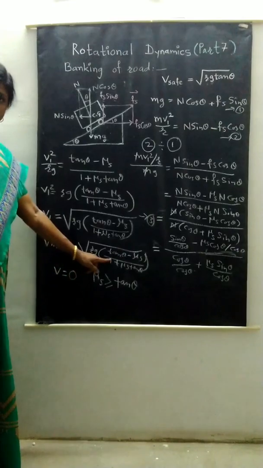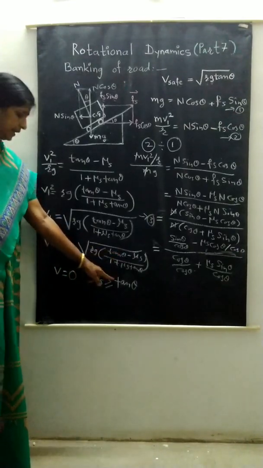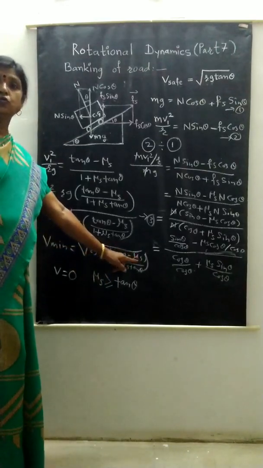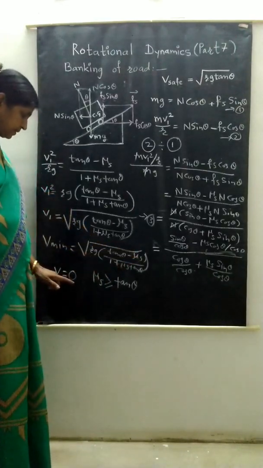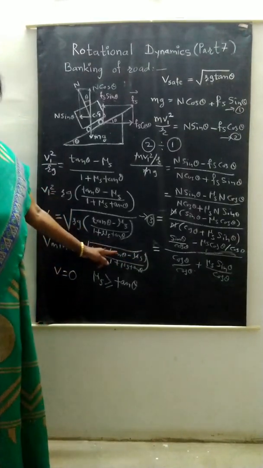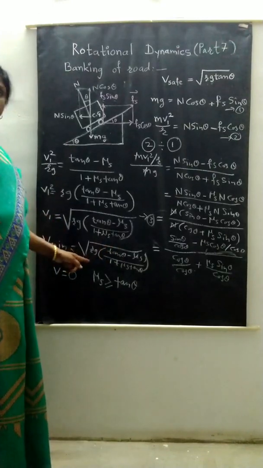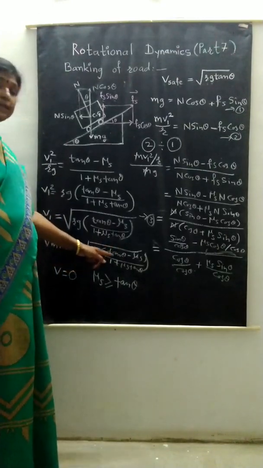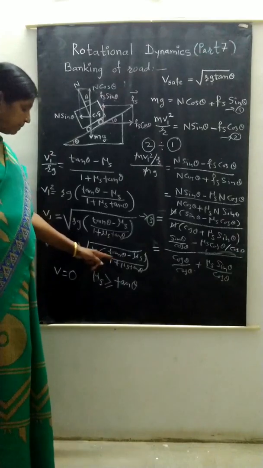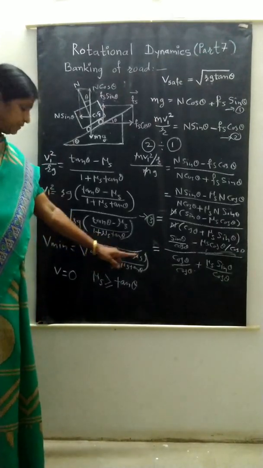For this, the angle of banking should be small and the road surface should be rough. So this equation gives us the minimum speed with which we can drive the vehicle on the bank road. The angle of banking is theta in this case, and mu s is the coefficient of friction.